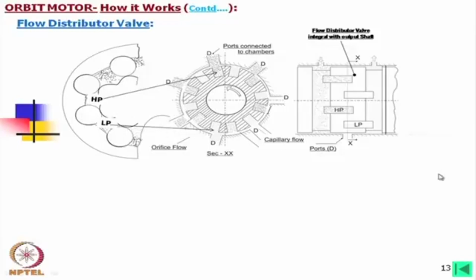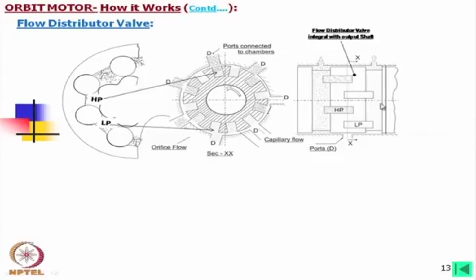This is the distributor valve, which comes with the output shaft which you have seen in the machines. If you observe these grooves, we have taken this section, this groove. So, alternate grooves are connected to these 2 slots. If one is under high pressure, the other is at low pressure.